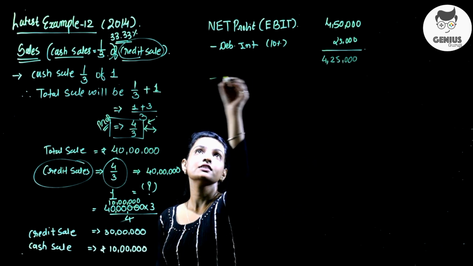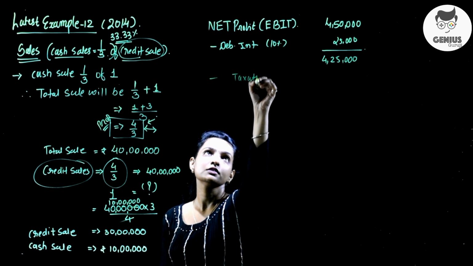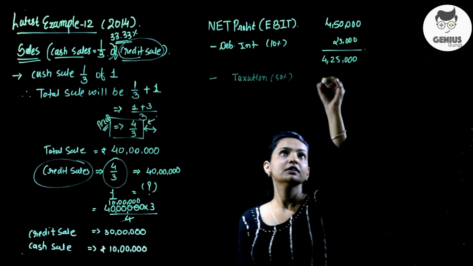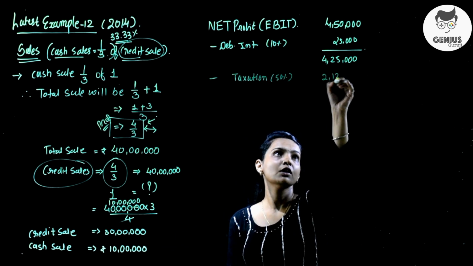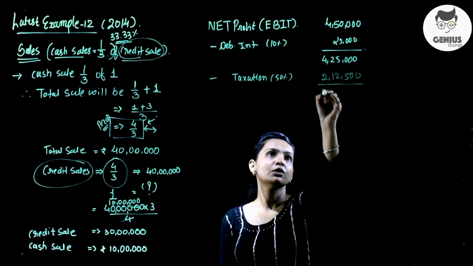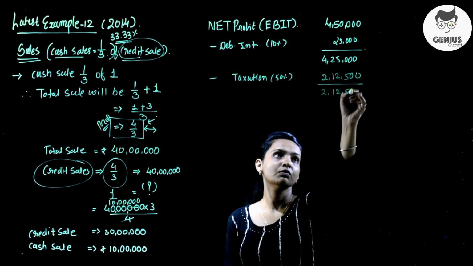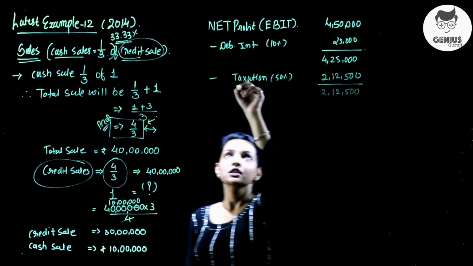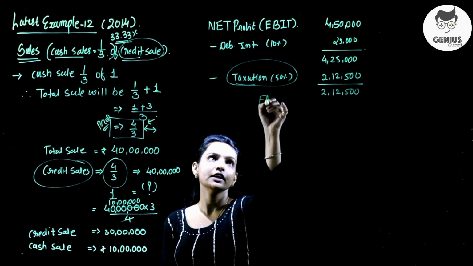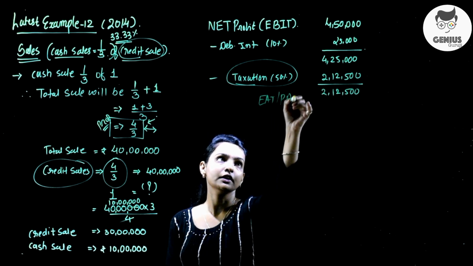Now less taxation 50%. 50% of this is 2,12,500. So remaining will be 2,12,500. Okay. Taxation is deducted, so it will be treated as EAT or you can say PAT.